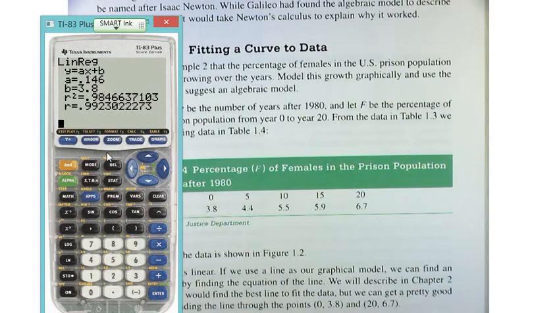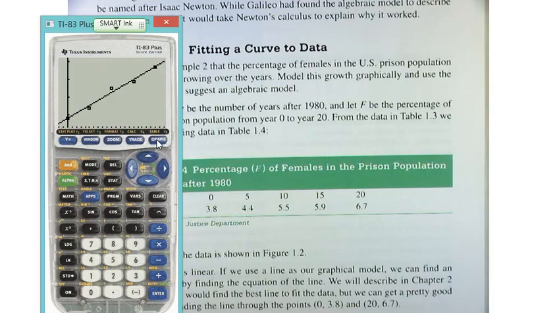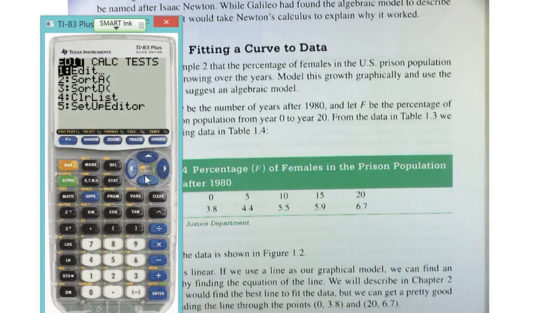Alright, so let's look at that graph. Now here's the thing, because it's such a small amount of space, maybe it is a quadratic. Maybe it's something else. So let's try just to see which one it is.